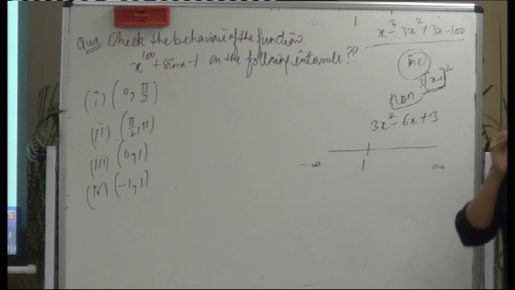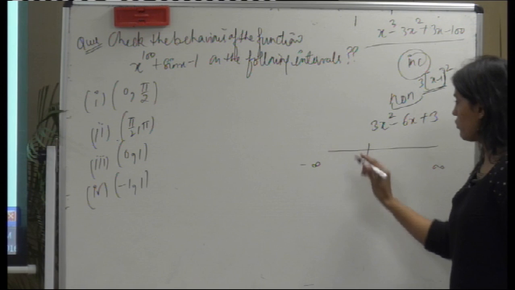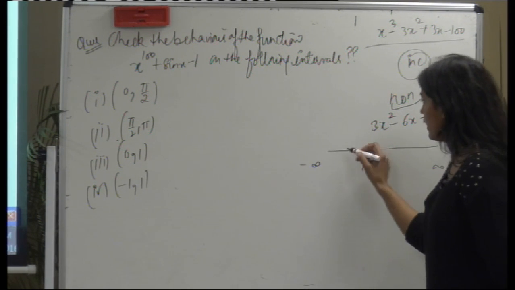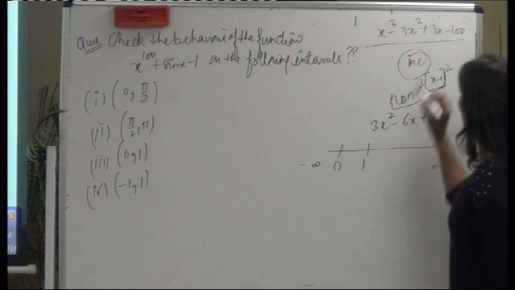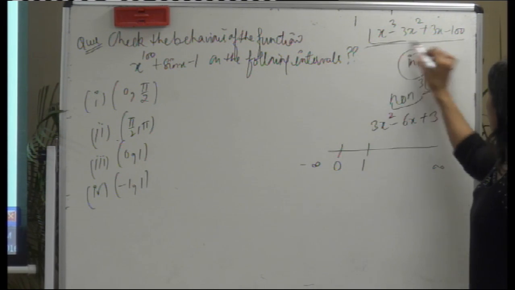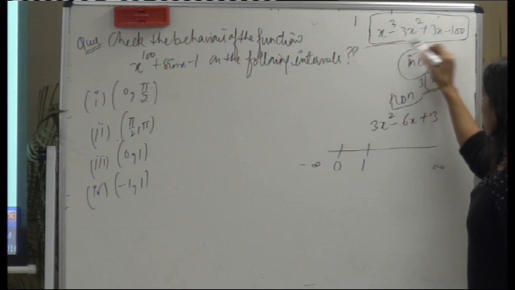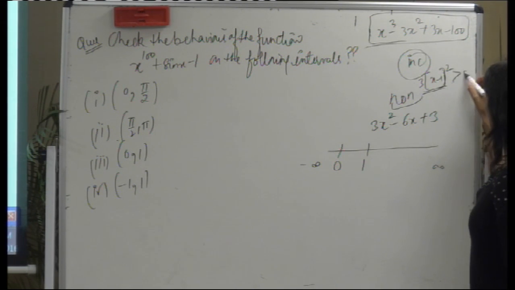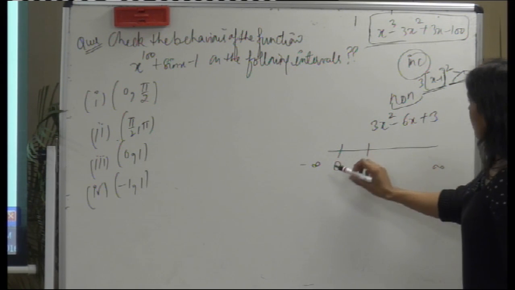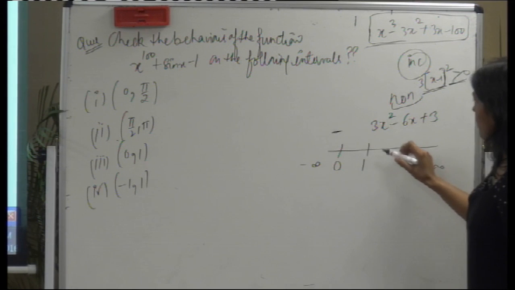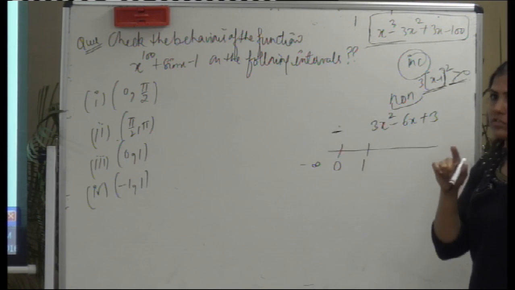Put in any value now. You are saying for 0, which is less than 1, at 0 it is minus 100. What was your point? At 0 it is a negative function value. This is what you are checking now.